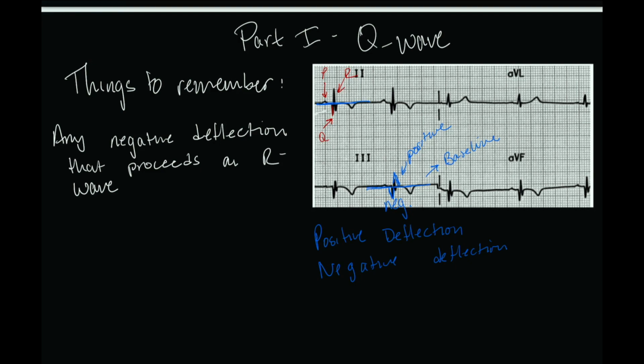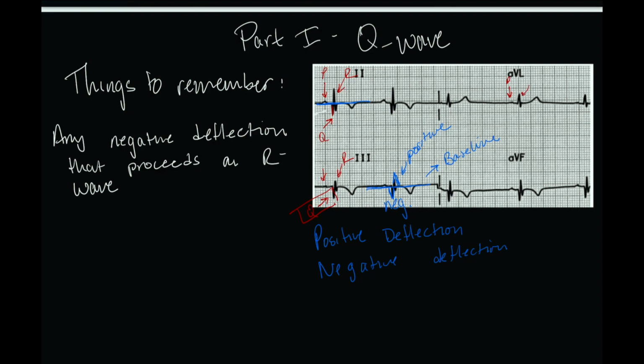And so if we go through the example again, in lead 3 we have a little P wave. We have a negative deflection preceding a positive deflection, which makes that negative deflection our Q wave. Interestingly, if we go up to AVL, we notice a P wave.